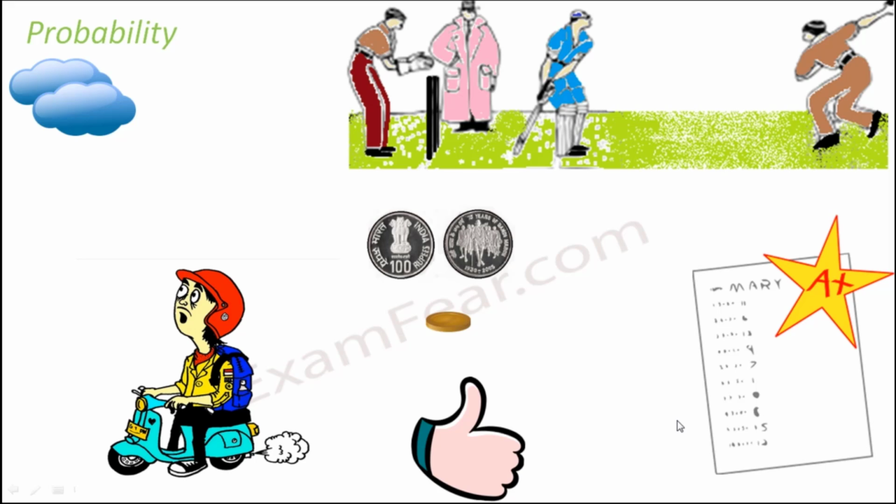Now when we talk about data handling, we saw that we are dealing with a huge amount of data. We have taken so many examples till now. Somewhere we spoke about the scores obtained by students in a class. Somewhere we talked about the heights or weights of children in a class. Somewhere we talked about the favorite fruits of different people. But when you really have a huge amount of data, probability plays a role, because you are not always very sure that these are the number of students who would score more than 90%.